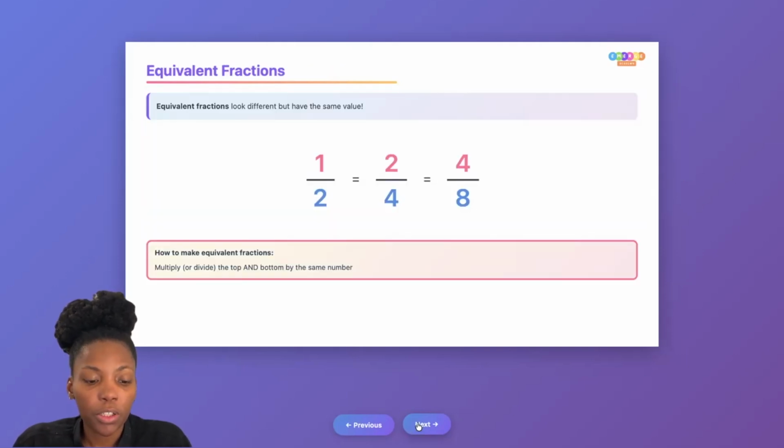Let's have a look at something called equivalent fractions. Equivalent fractions look different, but they have the same value. For example, 1/2 is the same as 2/4, which is also the same as 4/8. Now, how do you make equivalent fractions? You multiply or divide the top and bottom by the same number. So in this case, we have multiplied by 2.